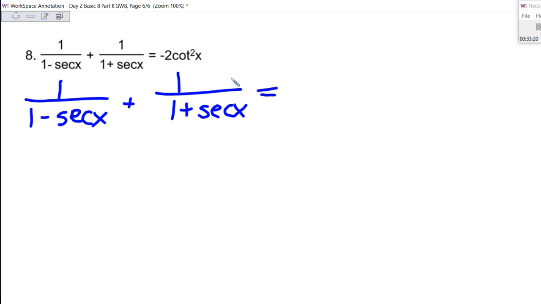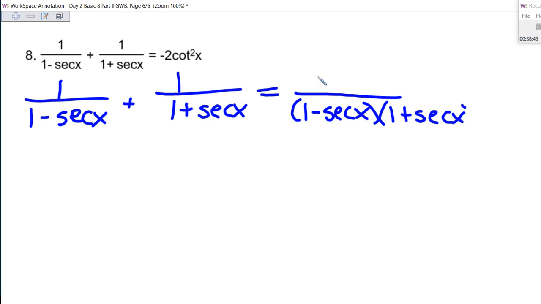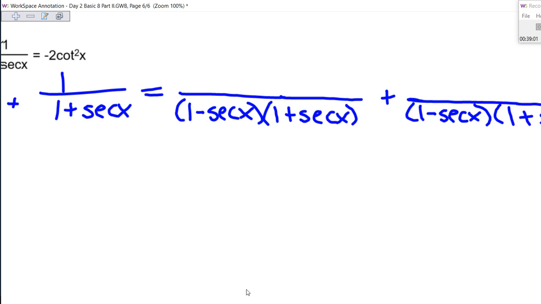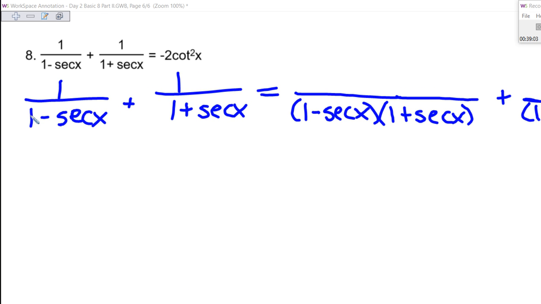In order to add two fractions together, what do you have to have? Common denominator. And when you multiply these, I would just leave it in factor form. So we need to have 1 minus secant x times 1 plus secant x. Now the first denominator has 1 minus secant x, so it's missing the 1 plus secant x.